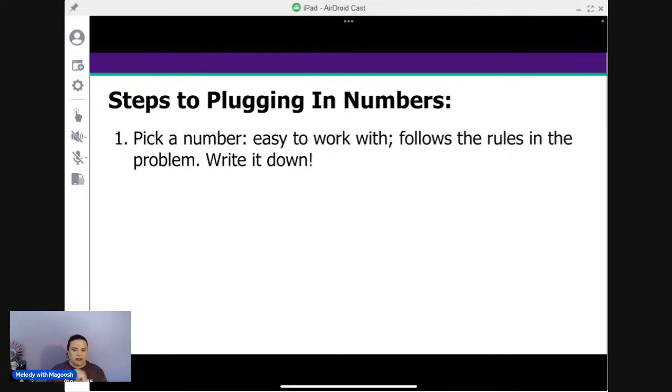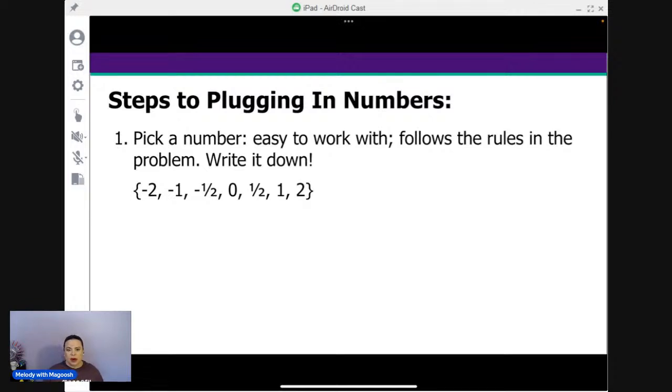And for every variable you pick a number for, write down on your scratch paper what number you picked. Here are some good, smart, easy numbers to use. Some of our very favorite easy numbers to use in anything are 0 and 1. They can be great options. Sometimes you might need a positive even number, so we can add 2 to the list.